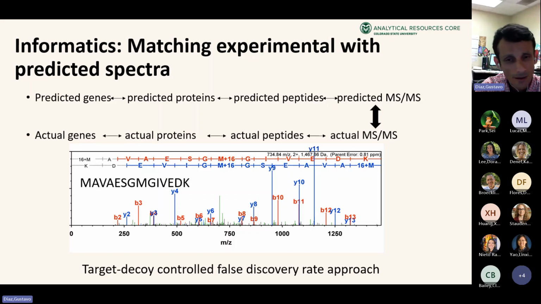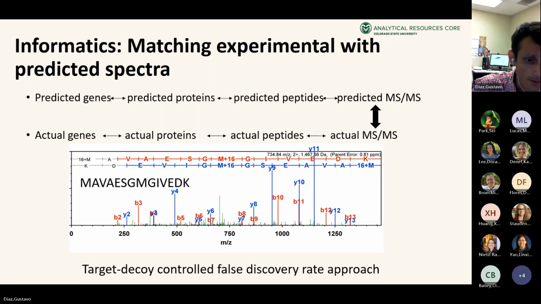We scramble it or produce it in a reverse way, so in a way that makes no sense. There shouldn't be any hits. If we search our actual MS/MS using that data set, in theory it should be 0, but it's not. And depending on the quality of our MS/MS spectra, and also the size of these data sets, will be the quality of our analysis.